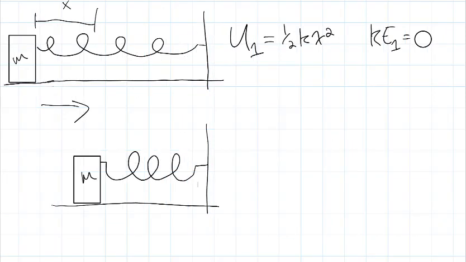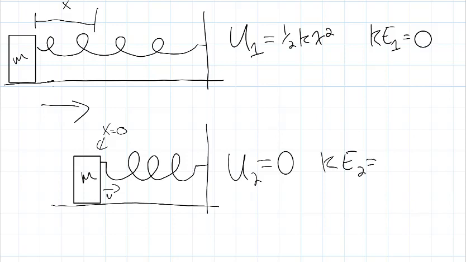As this thing goes back to being completely relaxed, our x, our expansion or compression, is equal to 0. Which means our potential energy at state 2 is then going to be 1/2 k times 0 squared, which is just 0. And we know that this thing should be moving now with some velocity v. And so we have our KE2, which is equal to 1/2 mv squared.